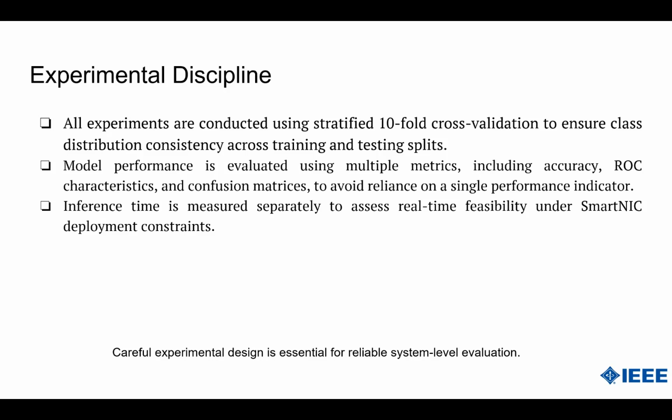Model performance is evaluated using multiple metrics, including accuracy, ROC characteristics, and confusion matrix metrics, to avoid reliance on a single performance indicator. Inference time is measured separately to assess real-time feasibility under SmartNIC deployment constraints. This ensures fair and reliable evaluation.